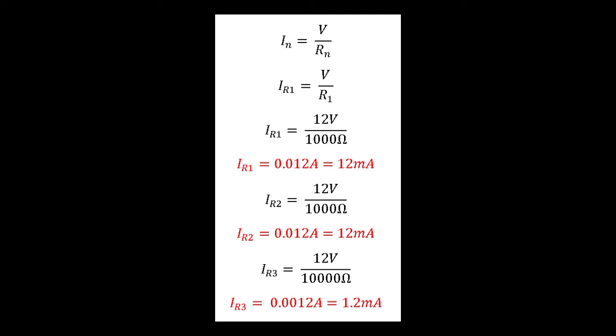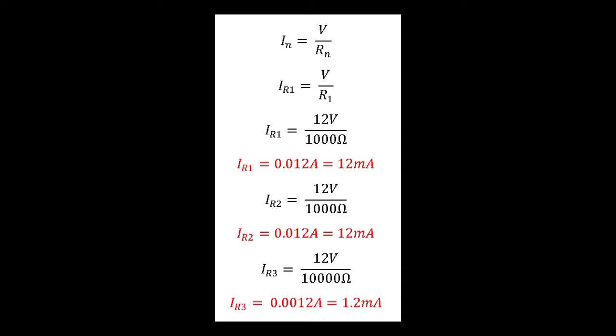What we have here is to calculate the current with respect to the total voltage over the resistance of the first or second or third resistor. In terms of resistor 1, we have 12 milliamps, resistor 2 12 milliamps, and resistor number 3 is 1.2 milliamps.